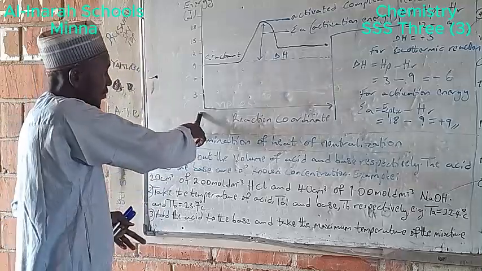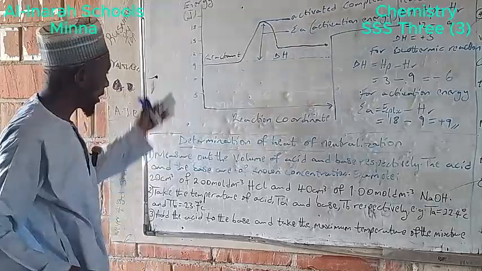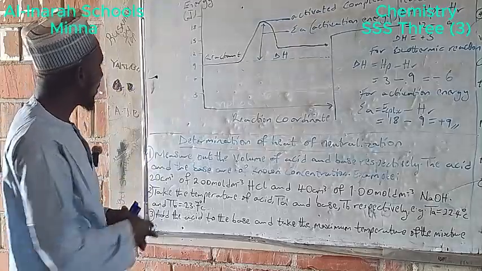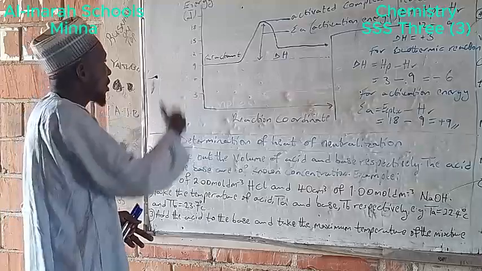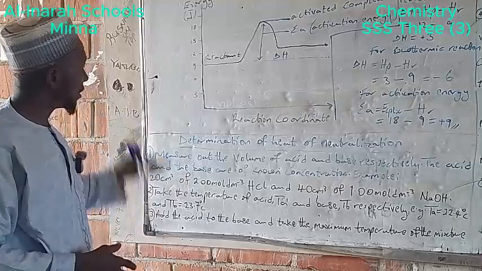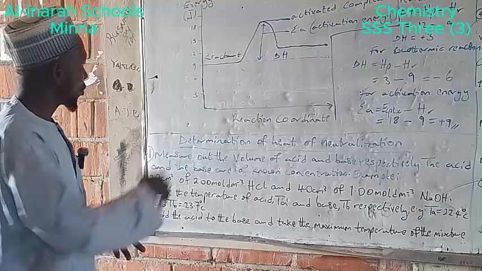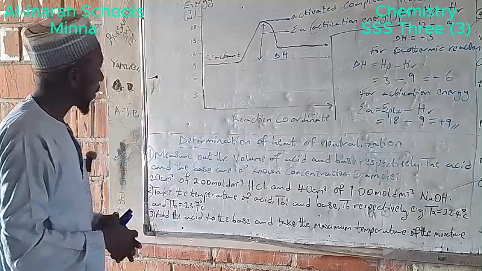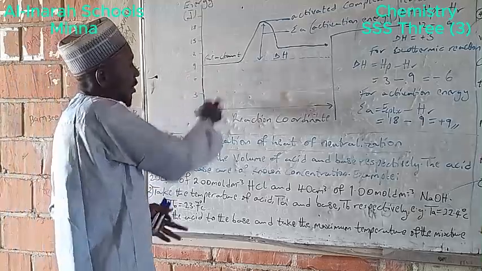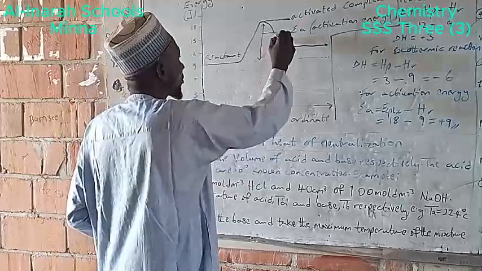This is the origin, then you have your values. Like this one I'm using, we have 3, 6, 9, 12, 15, 18, and so on. On the sketch, you have the reactant, and you also have the product.